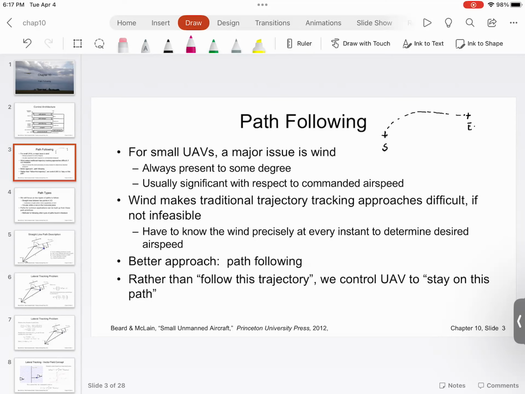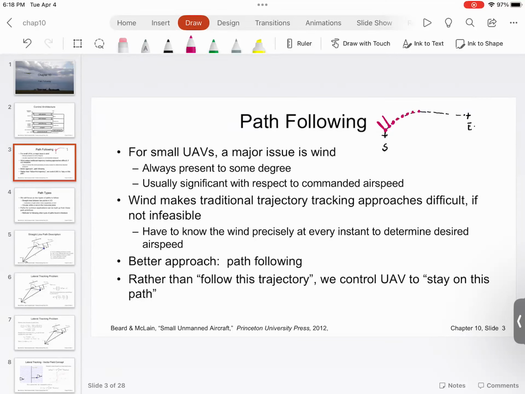And then in this path, I'm going to generate these small points. And the objective of the autopilot is to control the roll, pitch, yaw, heading, airspeed, so that the robot goes from the previous waypoint to the next waypoint.